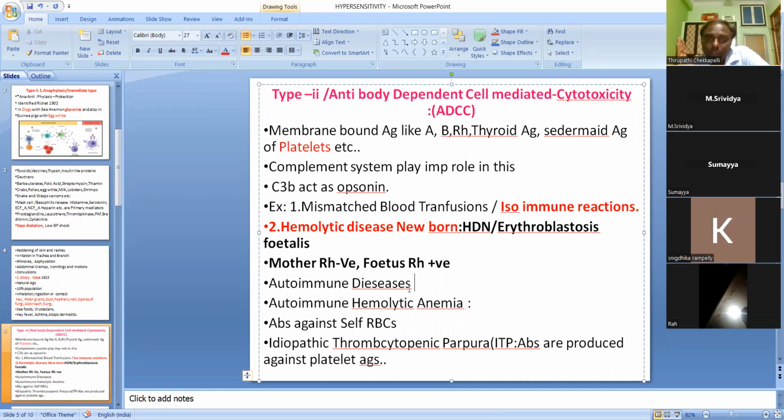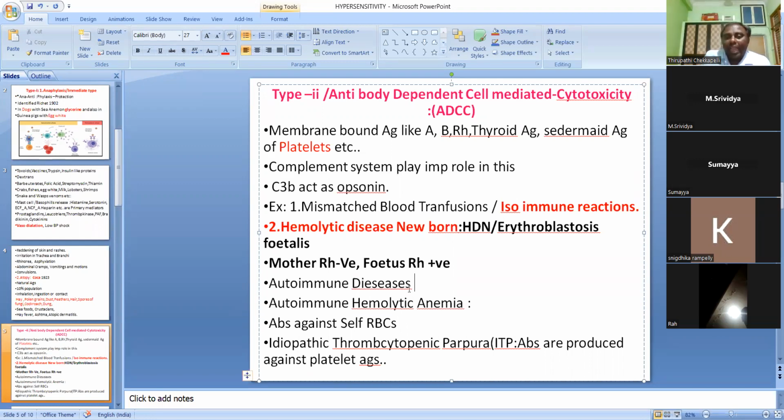The IgG antibodies enter the fetal circulation and agglutinate the RBCs of the fetus. That leads to severe hemolysis and severe jaundice in the fetus. Sometimes death may also take place.